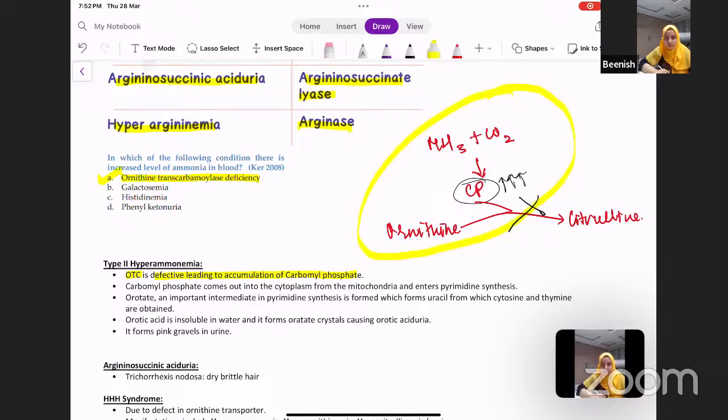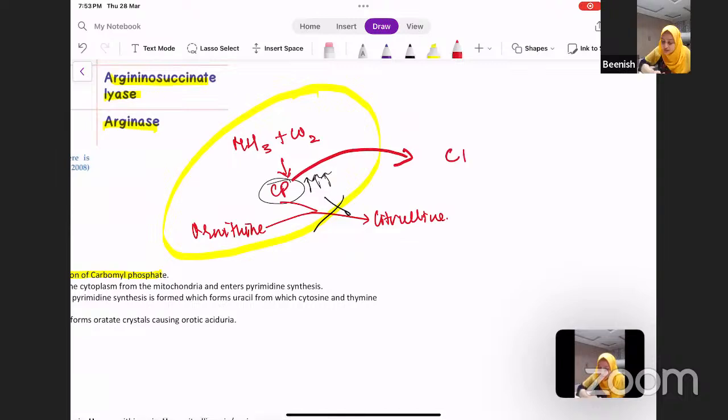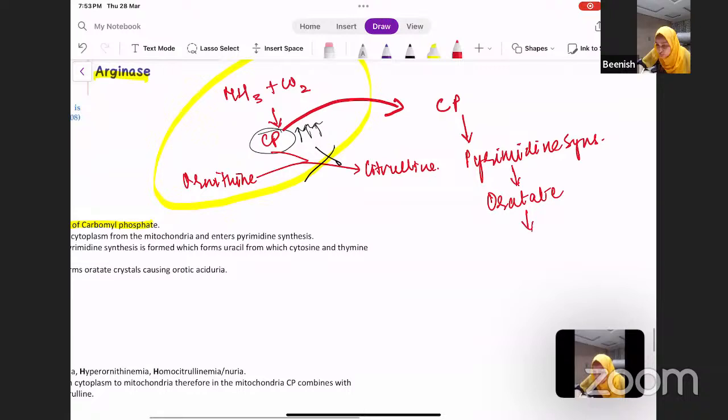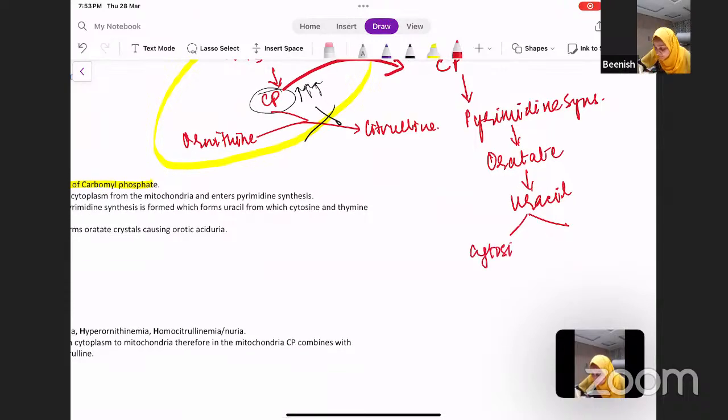So now what happens? Your carbamoyl phosphate comes out of the mitochondria into the cytoplasm and goes into pyrimidine synthesis. In pyrimidine synthesis, there is an important intermediate being formed known as orotate. This orotate then forms uracil, from which are formed cytosine and thymine.